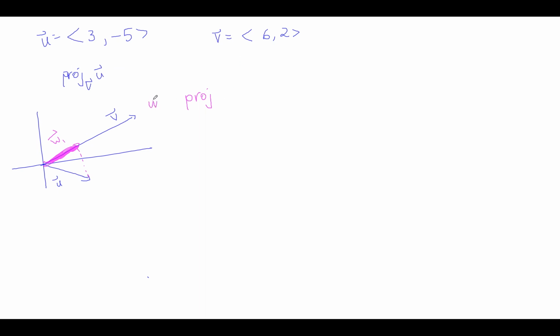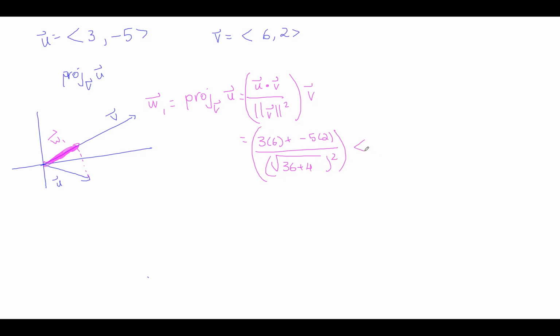So my w1 vector is a projection of u onto v, where I dot product the two vectors, divide by the magnitude of v squared, and then multiply the whole thing to v. So the dot product here is 3 times 6 plus -5 times 2 divided by the square root of 6 squared is 36, 2 squared is 4, the whole thing squared.